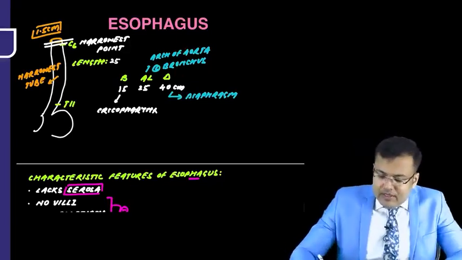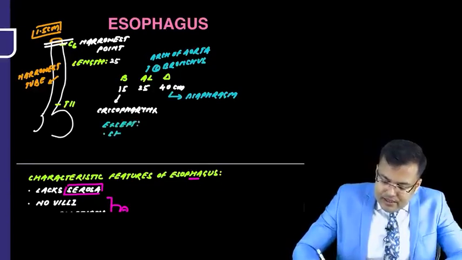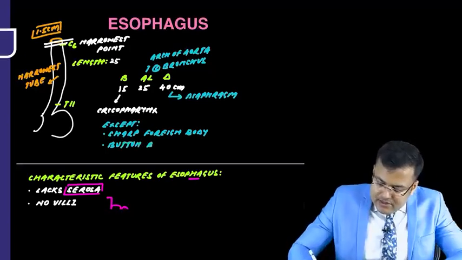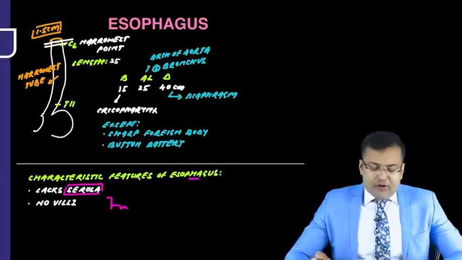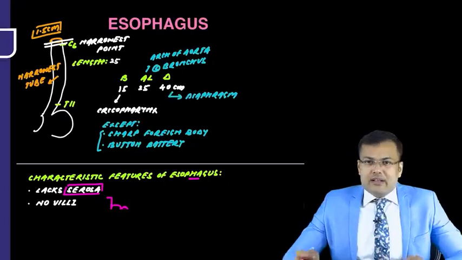What are the exceptions? Sharp foreign body or button battery. We have to remove these foreign bodies. The rest of the foreign bodies can be observed and they are excreted in stool.